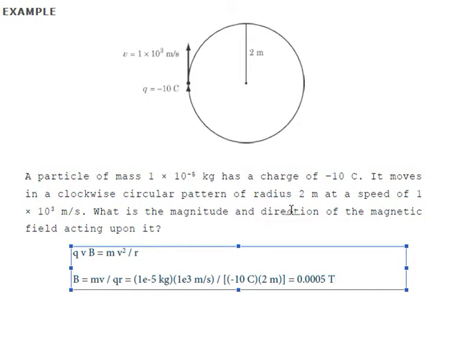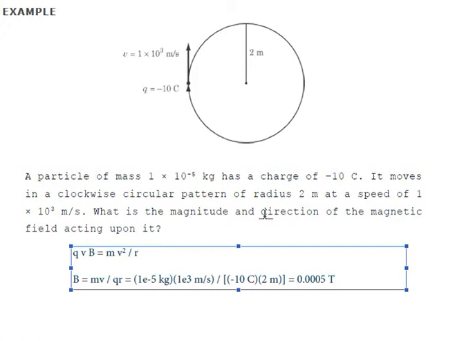Alright, so to figure out the direction here, the way that this picture is set up, we have the velocity initially pointing up. If it's moving in a circular path, then we know the force has to be towards the middle. So remember, index finger is velocity. That one should be pointing straight up towards the top of the page.